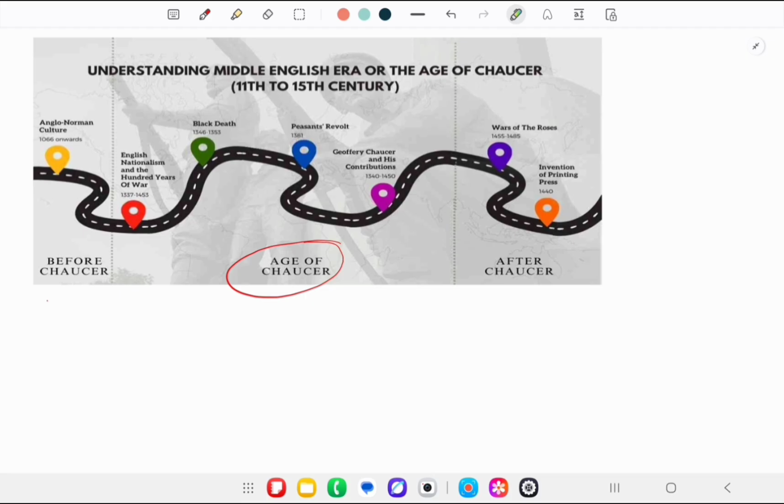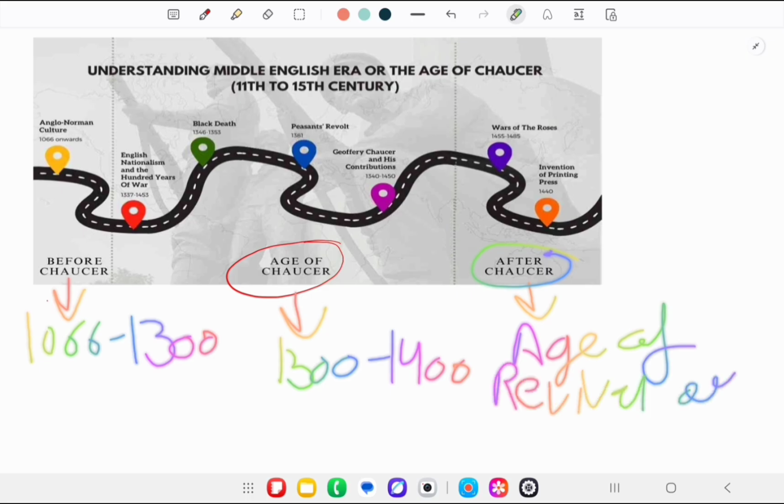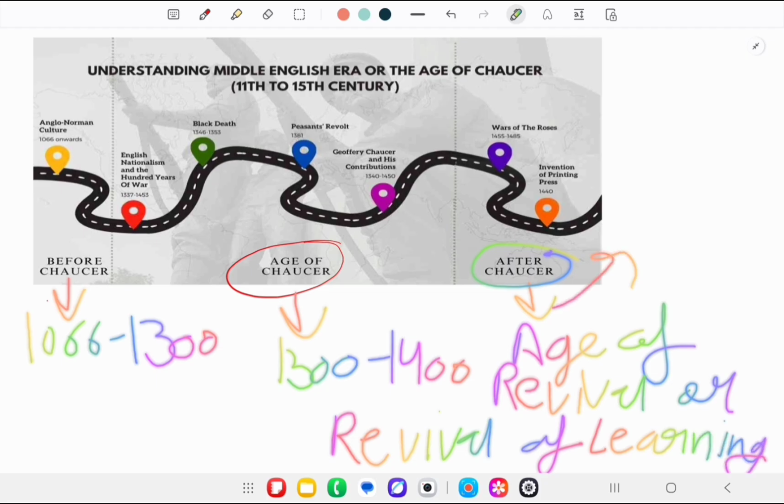But broadly, this era can be segregated into three different sub-areas: the period before Chaucer, which consists of 1066 to 1300; the age of Chaucer, 1300 to 1400; and after Chaucer, also known as the age of revival, or revival of learning, which consists of 1400 to 1550.